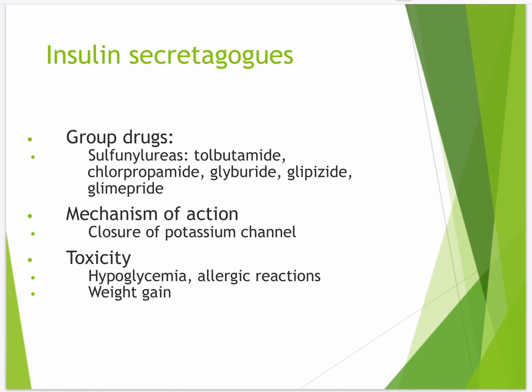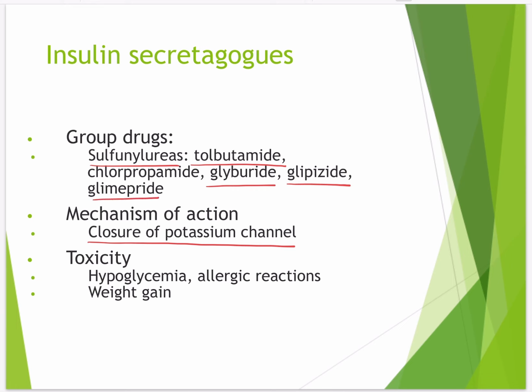And insulin secretagogues are very important. This type of drug causes closure of the potassium channel, affecting the potassium channel in the beta cell. Okay, the family of drugs are sulfonylureas, for example tolbutamide, chlorpropamide, glyburide, glipizide, and glimepiride.